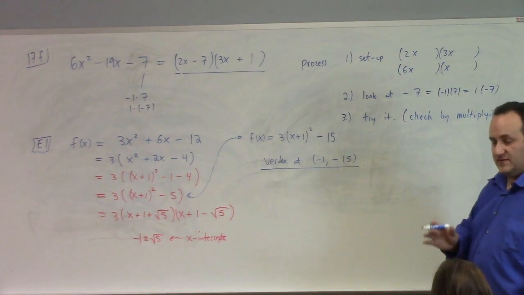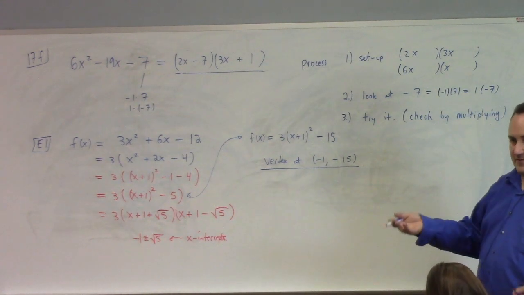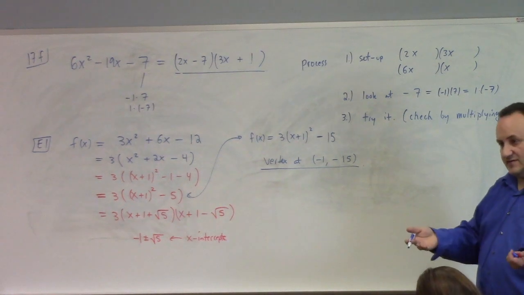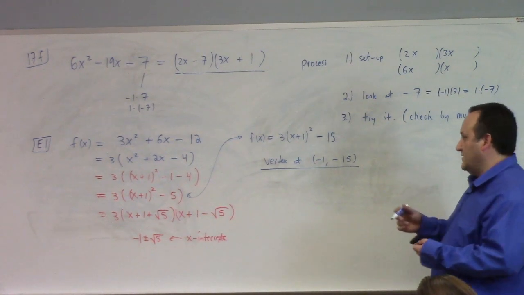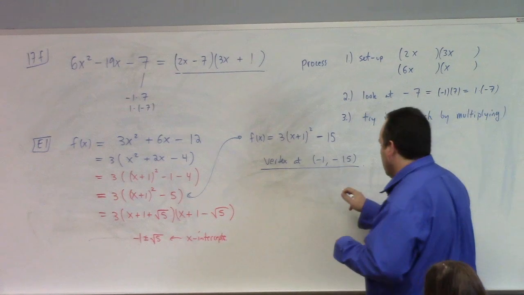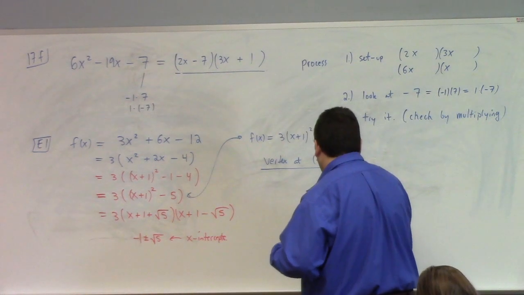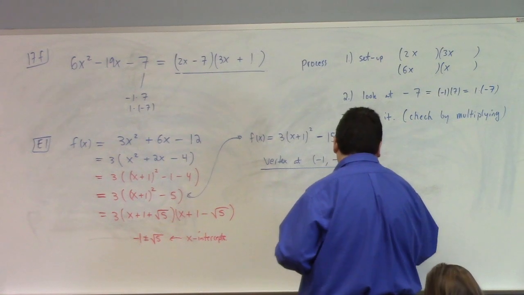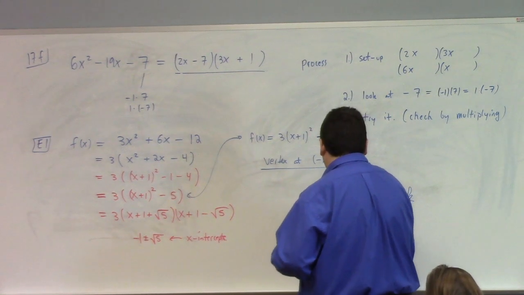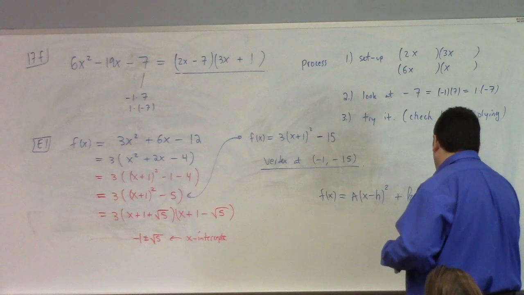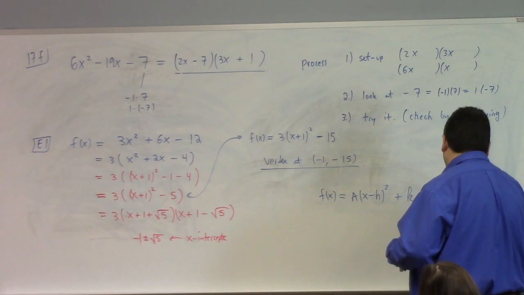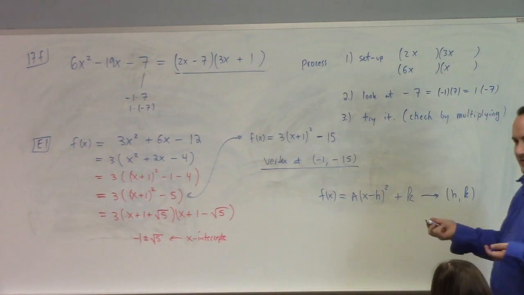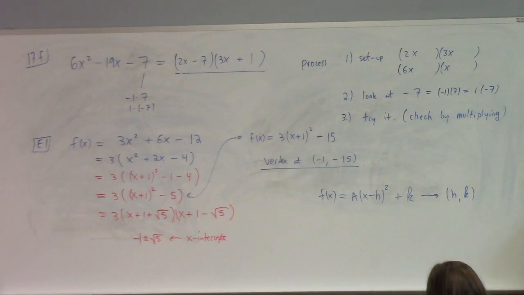Okay, so to me, that's the best way to find where the vertex is: complete the square and put it into so-called vertex form. Vertex form for a parabola is a times x minus h squared plus k. This says that the vertex is at h comma k manifestly, so you can just look at it and see that. And so you got the -1.